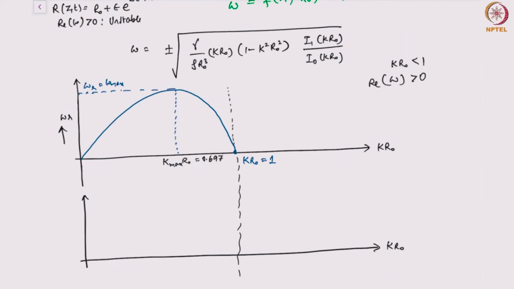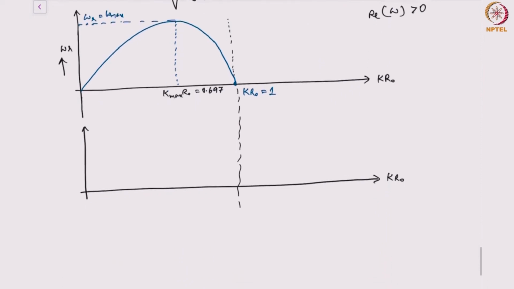Alright. So when you have two positive real roots, then you do not have an imaginary part, but beyond this you have imaginary solutions here, which means that once you have k r naught greater than 1, you have an oscillatory solution. So for k r naught less than 1, you have an unstable region.